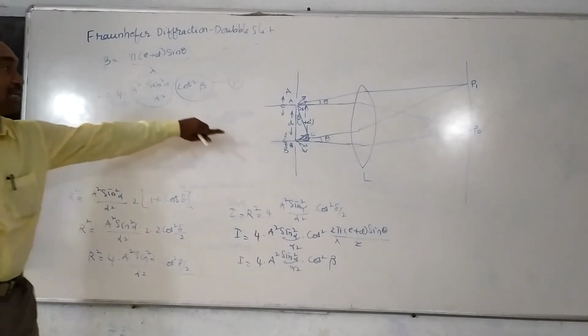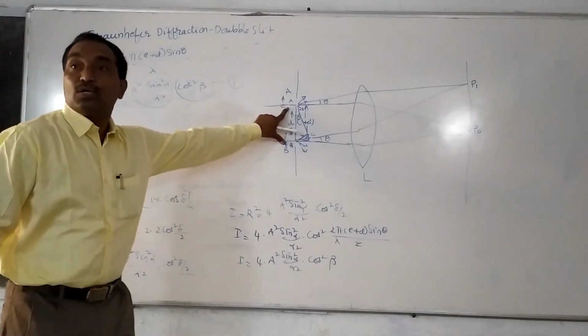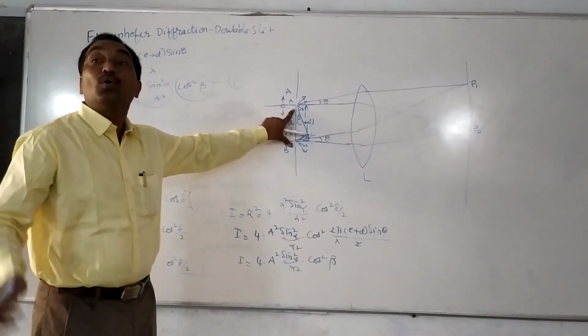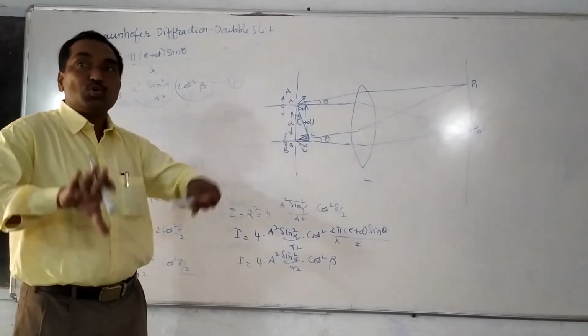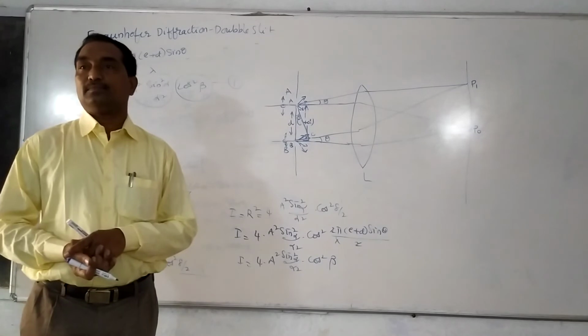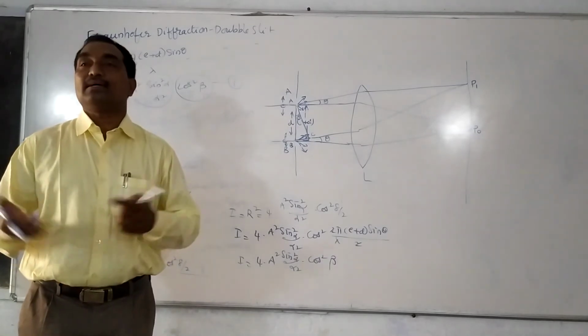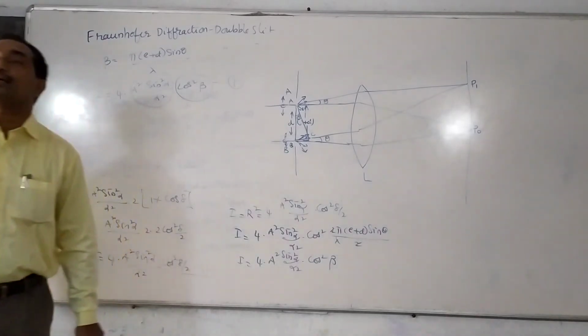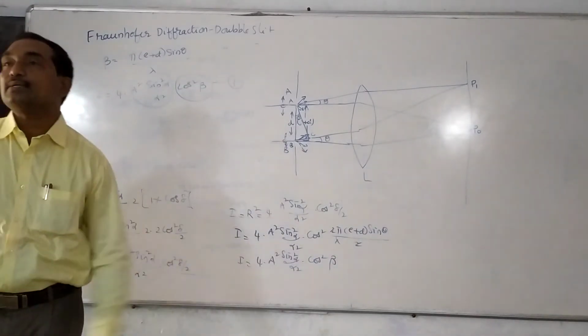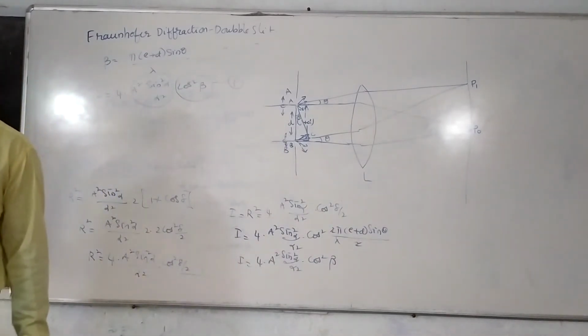Because each slit acts as a source of secondary wavelets, two slits act as coherent sources. If these two coherent sources superimpose, interference occurs. So there is interference as well as diffraction in this double slit experiment.